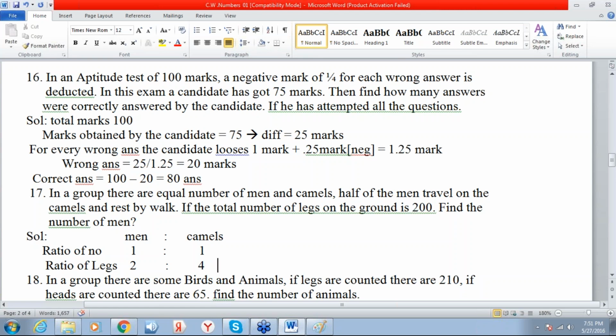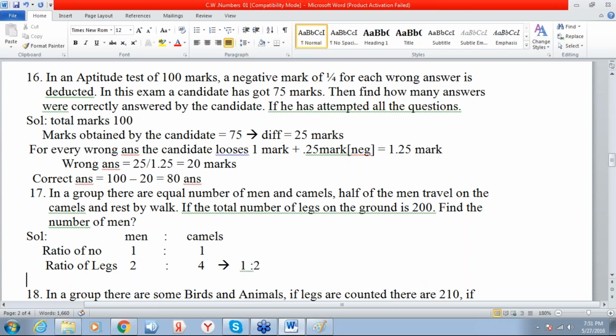Actually, the ratio is 1:2, further dividing by 2. But the legs that matter are those on the ground.